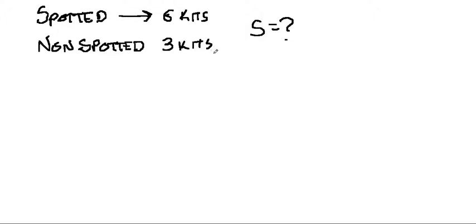Now remember, we always assume that the fitness of the least fit individual is always equal to 1. Now we know that non-spotteds are A2 individuals, and we know that spotteds are A1 dash, whatever, could be an A1 A1 or an A1 A2. So the fitness of the Q phenotype must be lowest, and that's going to have to equal 1.0.